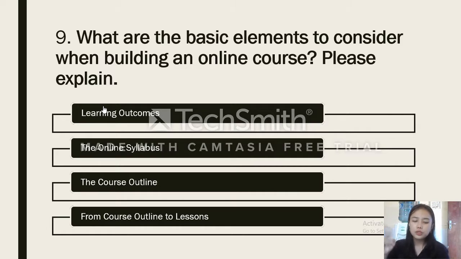And the second one is working backwards. You need to plan out what assessment you will need to assure that the learning outcomes have been met. The students will be graded on how well they do on the project. And the third one is next, using the assessments as the measure of your content.